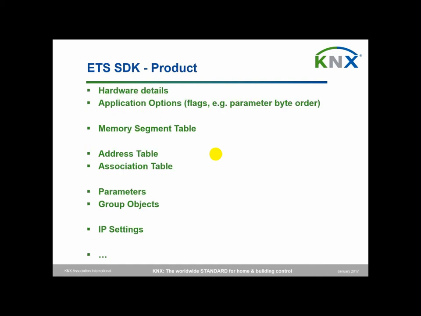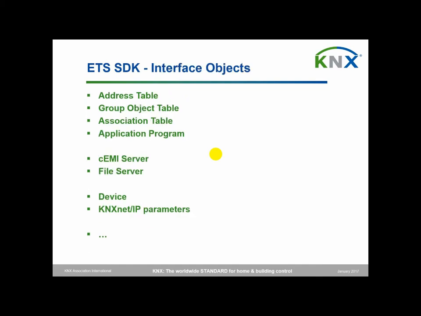Product data is also accessible, so hardware details can be retrieved, and application options like some flags or parameter byte, to give you one example mentioned on the slide. Memory segment table, address table, association table, parameters of the device, group objects of the device. If it's an IP device, its IP settings, things like that.